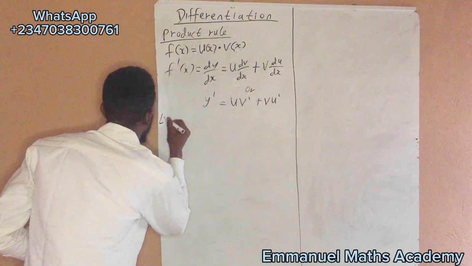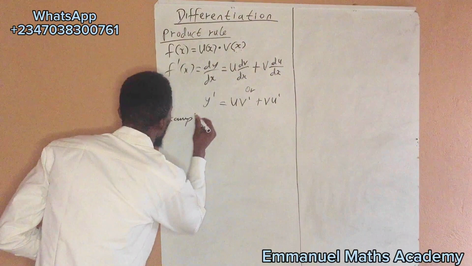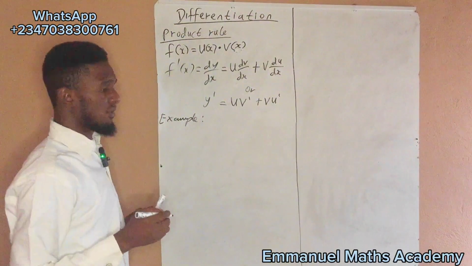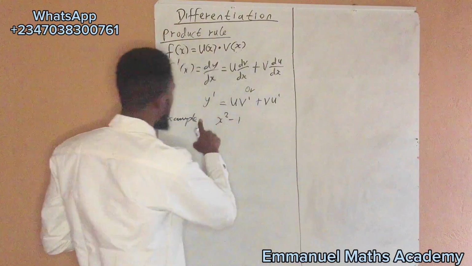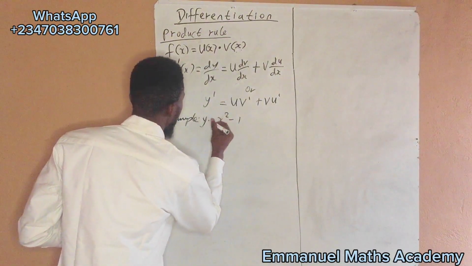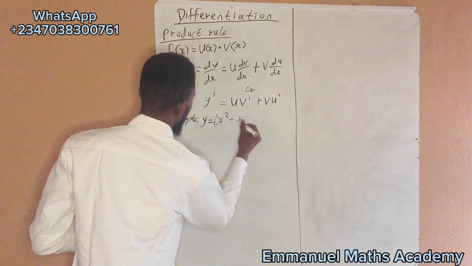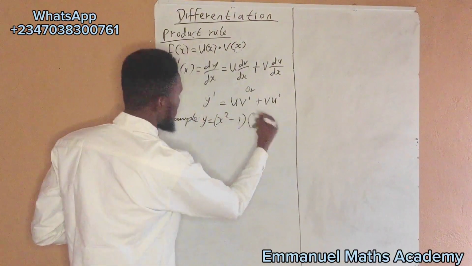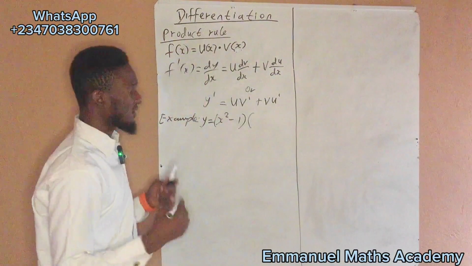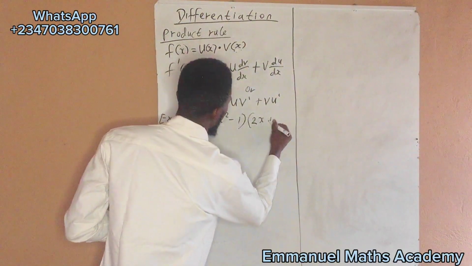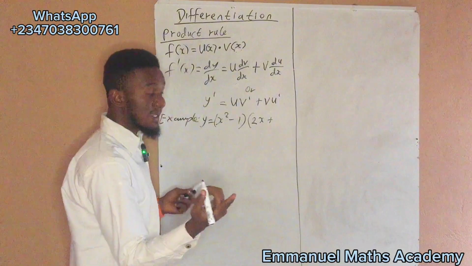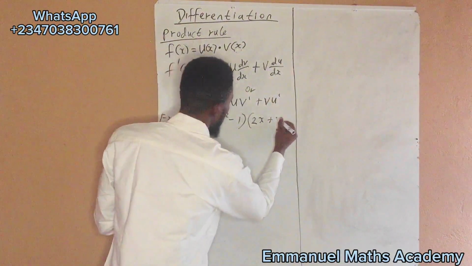Example: if you are given y equal to x squared minus 1, into bracket, another function, maybe 2x plus 2.